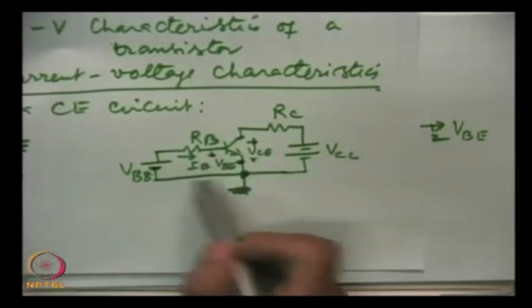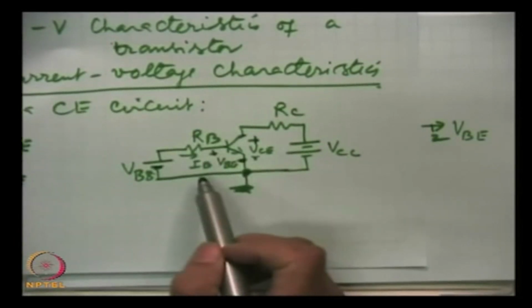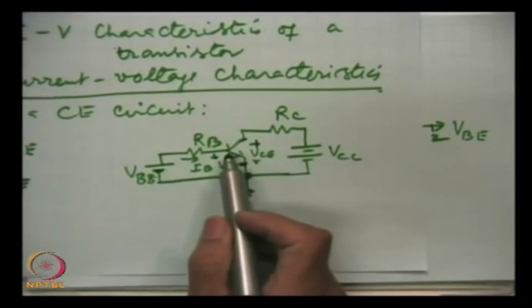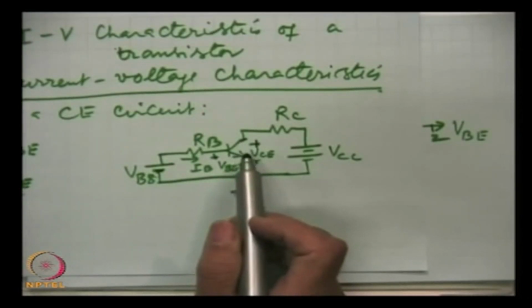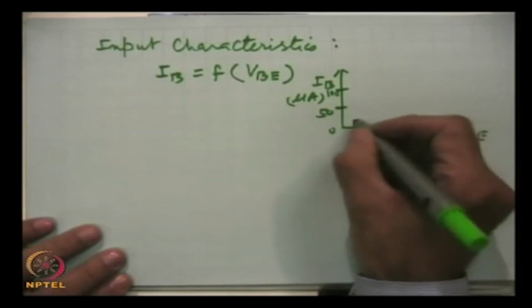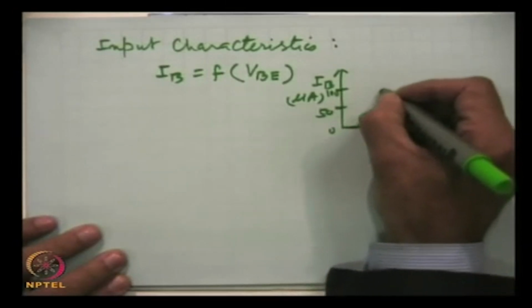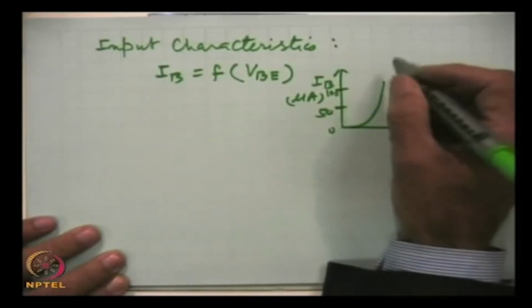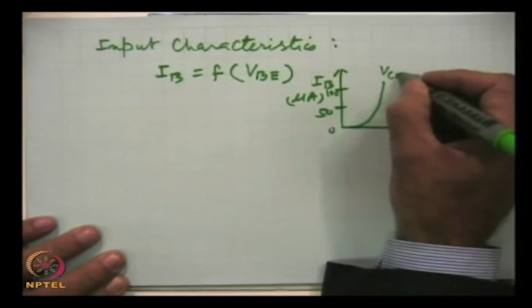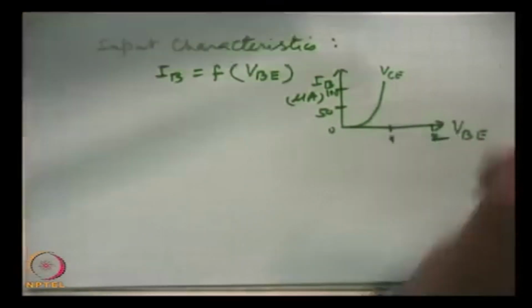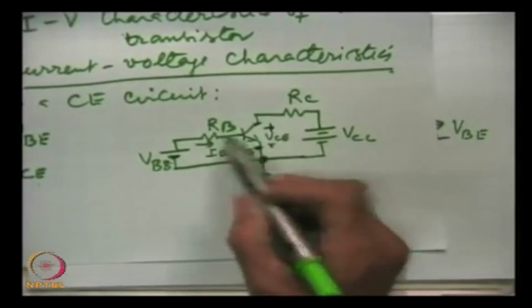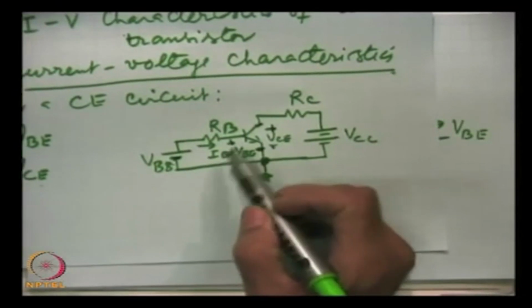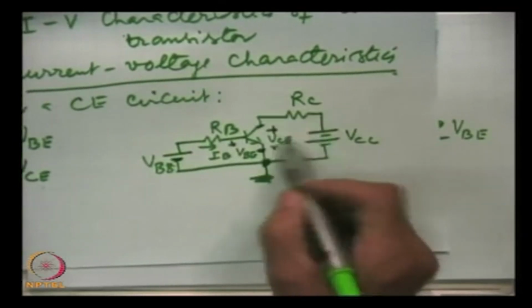This is simply a forward biased junction. You remember what kind of characteristics we talked about when we talked about the forward biased PN diode. So, similar kind of. This is when we keep VCE, that means at the output side this voltage, because now we will discuss that input characteristics are also a function of the output voltage.